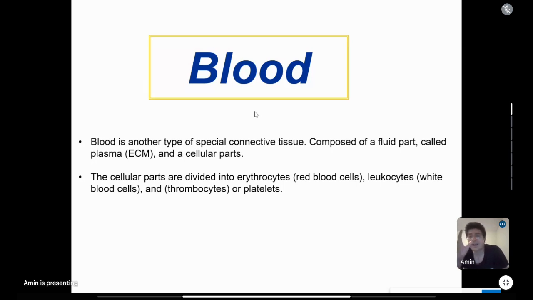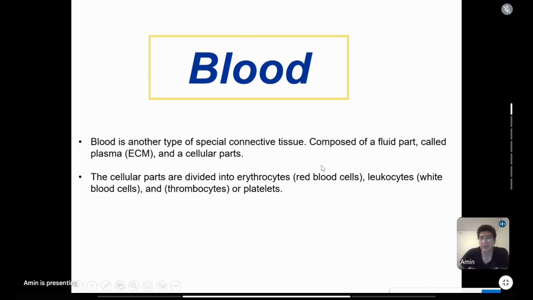But one of the differences between blood tissue and other types of special connective tissue is that the ECM, or extracellular matrix, in blood tissue is in a fluid phase.